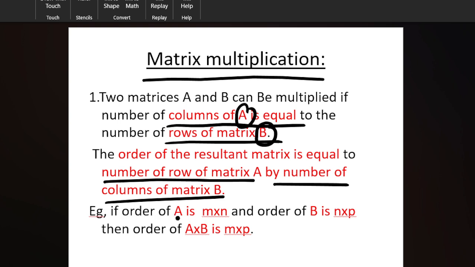Here, I'm taking A of order m by n and B of order n by p. So you can find A into B, because the columns of A are n and the rows of B are n. Now AB is a matrix of order m by p.